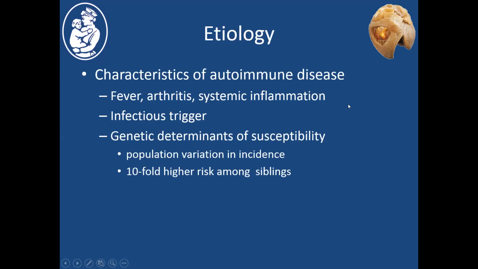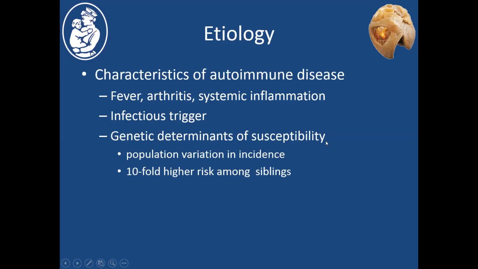It has characteristics of autoimmune disease: the fever, the arthritis, the systemic inflammation, the systemic malaise that goes along with this, that may be initiated by some kind of infectious trigger, although we haven't definitively identified a specific infectious trigger. There may be possibly more than one.